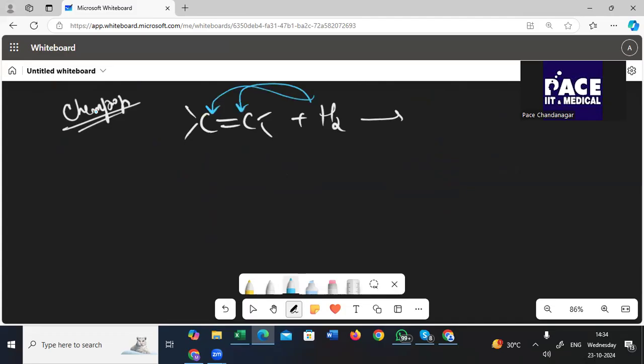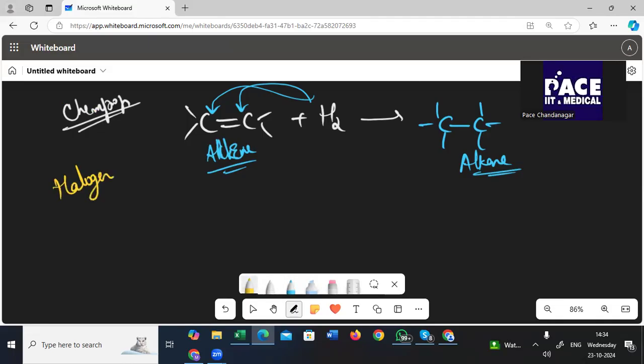Because it's a double bond, we still have lot of space and bonds get broken down. Then carbon, single bond, carbon, and this is CH3, single bond, CH3. Alkane is getting formed from alkene. Then we have halogenation.